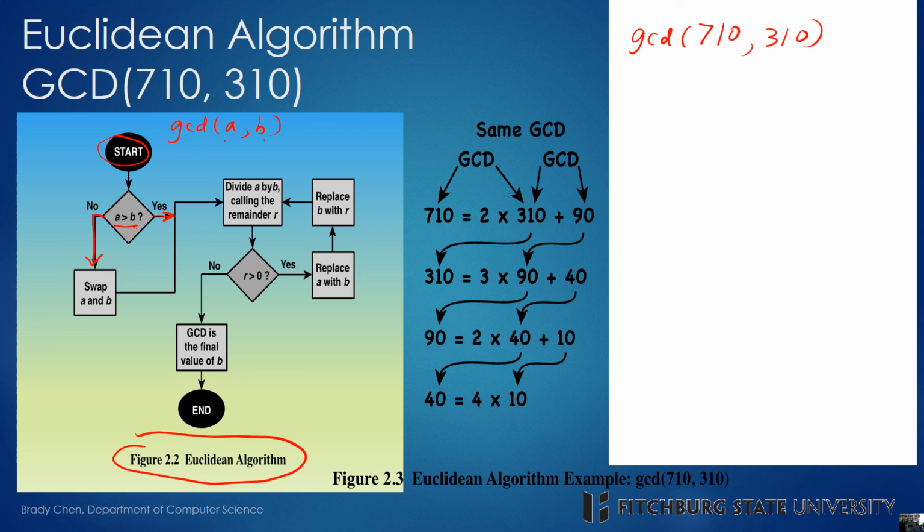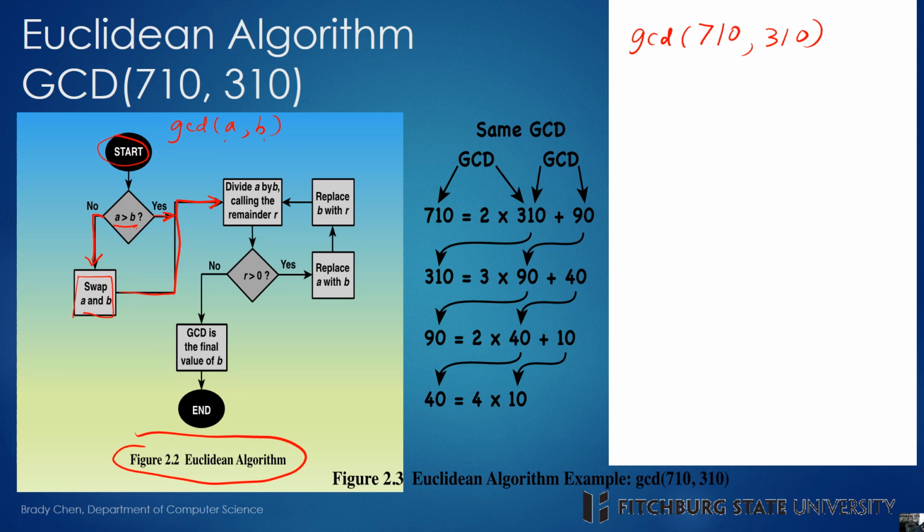But if the answer is no, meaning B is greater than or equal to A, then we swap A and B. After we swap, we move forward to the next step.